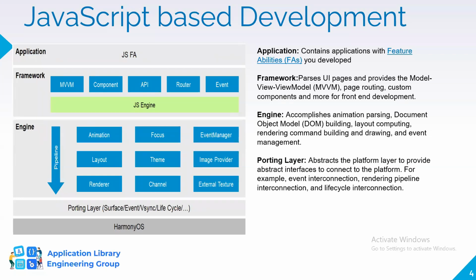HML stands for HarmonyOS Markup Language, and this is what is used for building layouts. CSS is used for defining styles, and JavaScript, as all of us know, is used for adding processing logic into our application. So this is a brief about the first one.